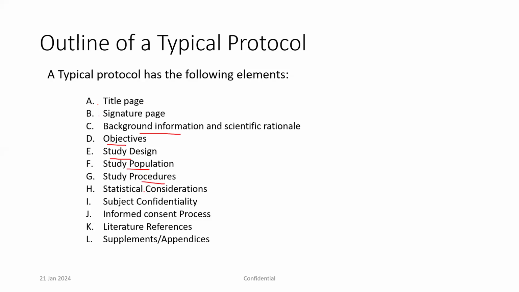Study procedure, statistical considerations, how you will ensure confidentiality, how you will execute the informed consent process, and the references and additional information. So these are the typical sections of a clinical trial protocol. Remember these, and if you have my book, I think there will be an example of a protocol also.